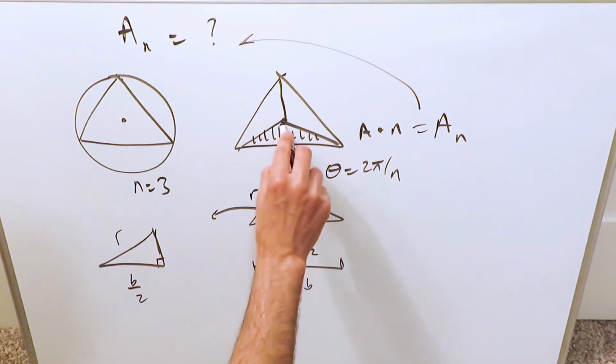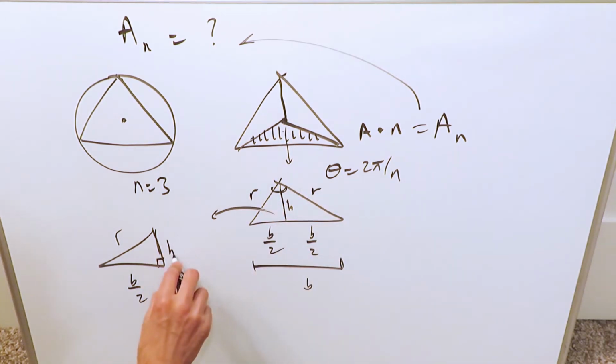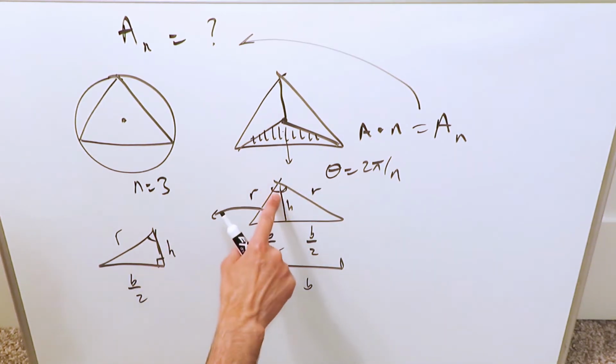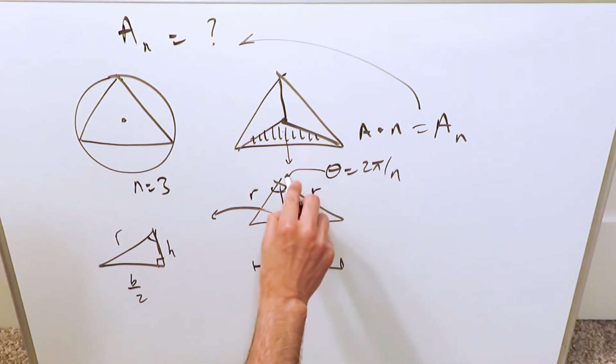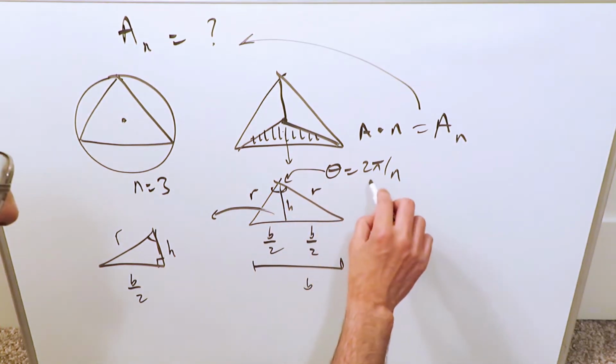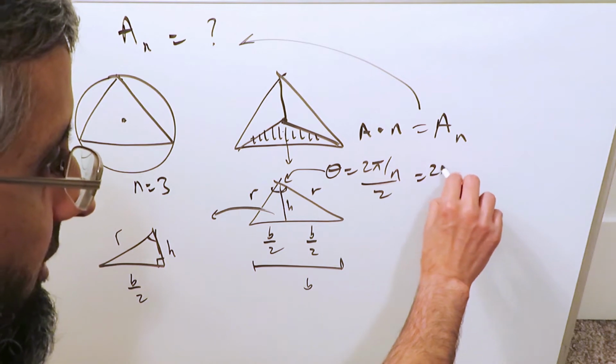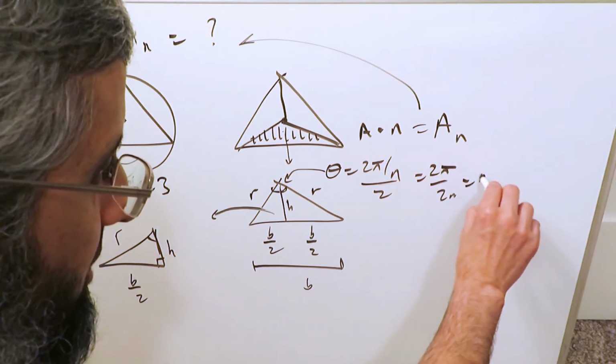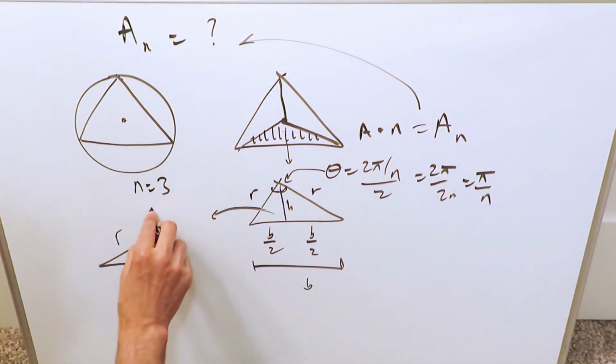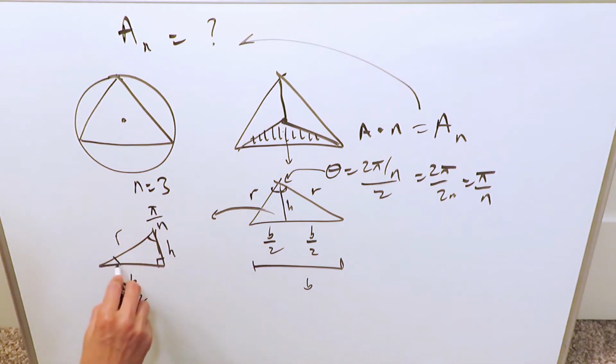These are my radii right here, as you can see. A certain height. What is this angle right here? This angle represents half of that angle, because this angle theta is 2 pi over n. If you divide it by 2, you have 2 pi over 2n, which is equal to pi over n. So this angle right over here is pi over n, which means this right here is the complement, which is 90 minus pi over n, and that's what it will be.